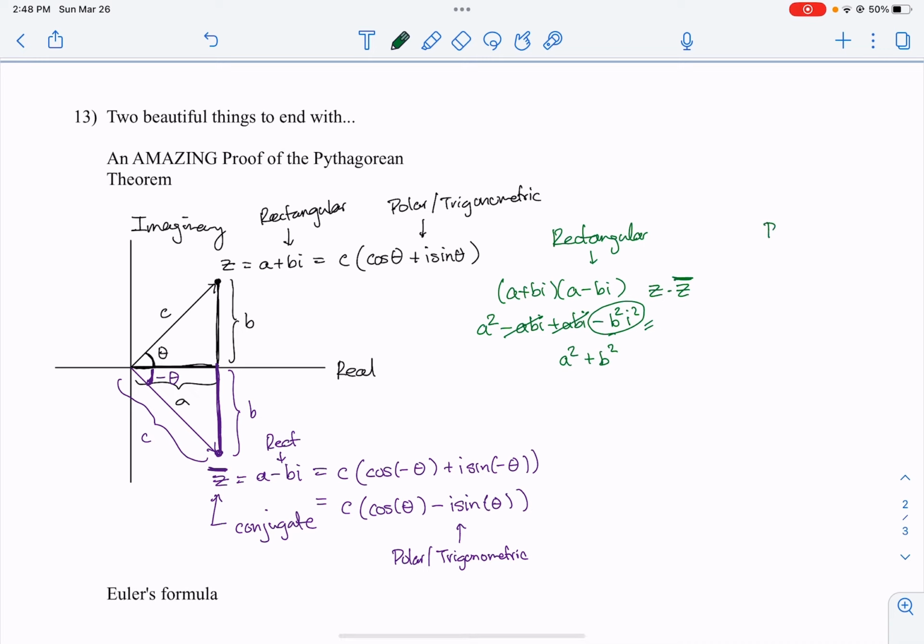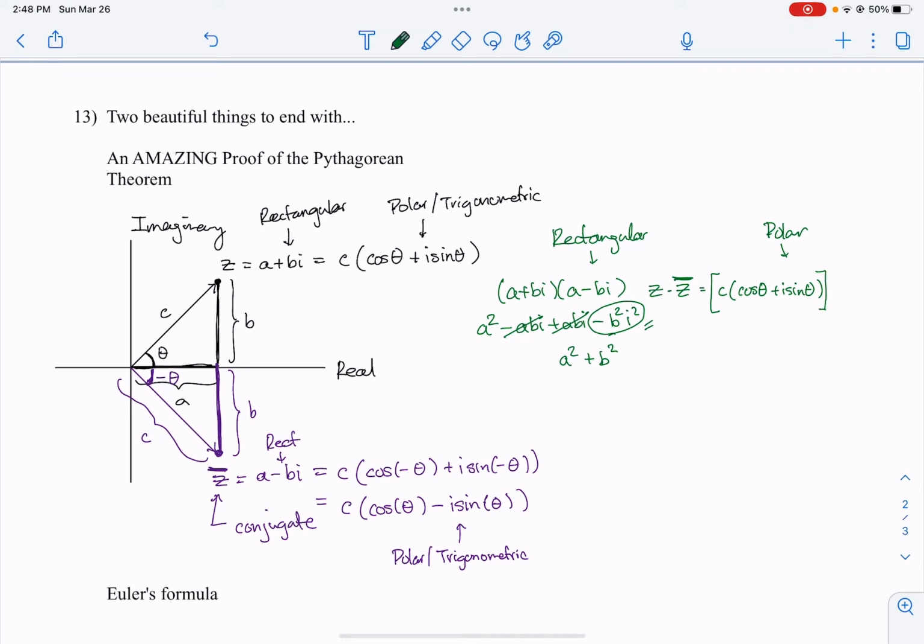The other way is using the polar form. We could also multiply the polar forms of each of these numbers. So let's see how that goes. The polar form of z is c times cosine theta plus i sine theta.